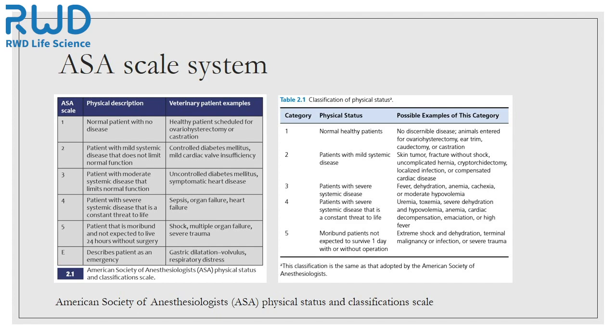So I think with this ASA scale system, it doesn't matter which modified version you are using, as long as it helps you and makes it easier for your work, you just keep using it.